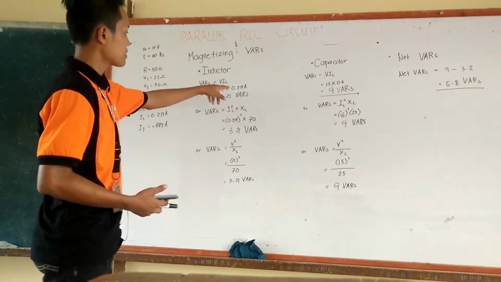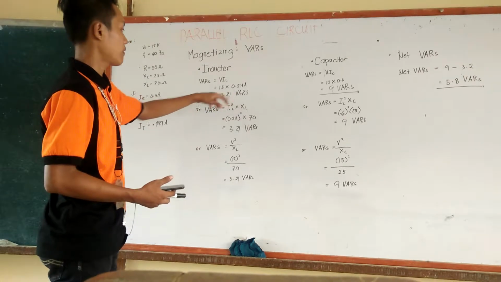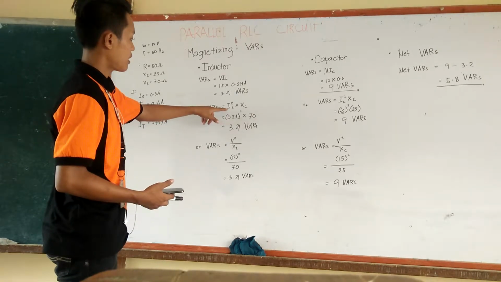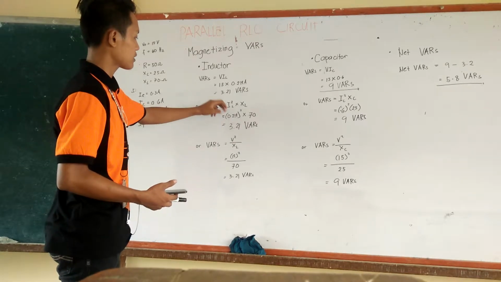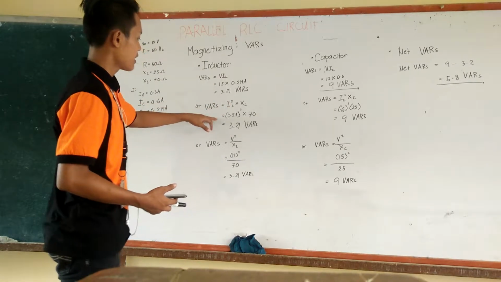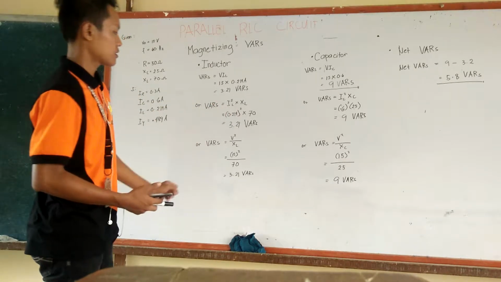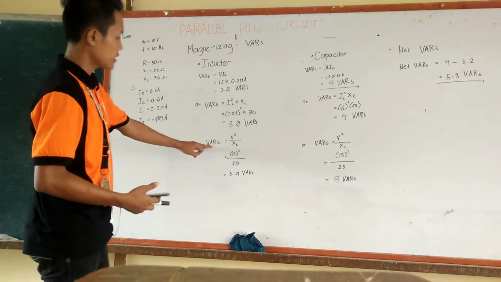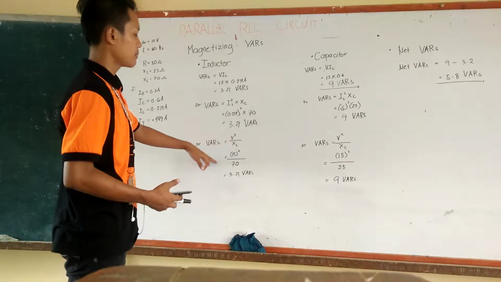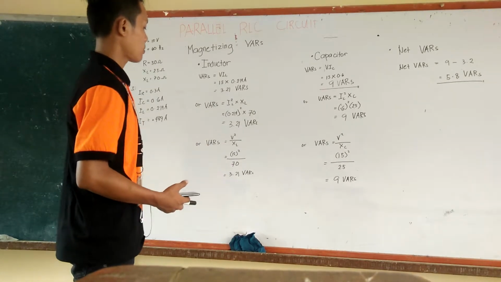So 15 times 0.214 amperes equals 3.21 bars. Or bars equals the current in the inductor squared times the inductive reactance, so 0.214 squared times 70 is 3.21. Or bars equals V squared over the inductive reactance, which is 15 squared over 70, 3.21.